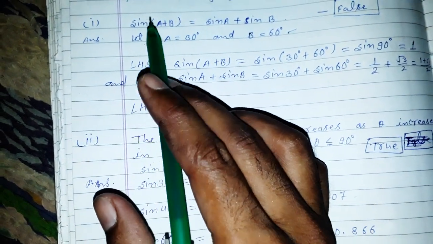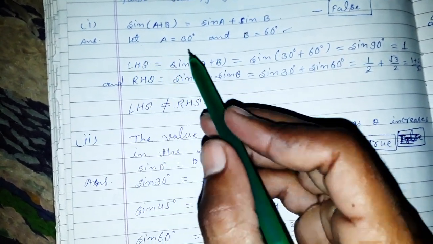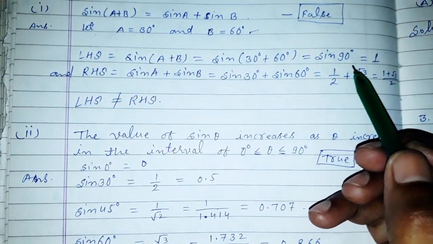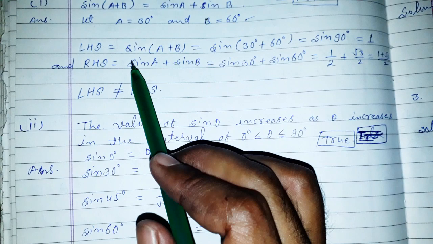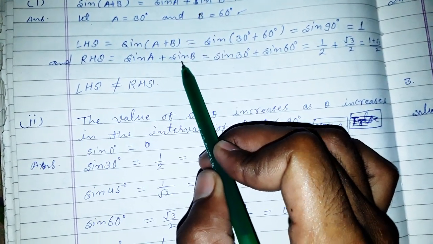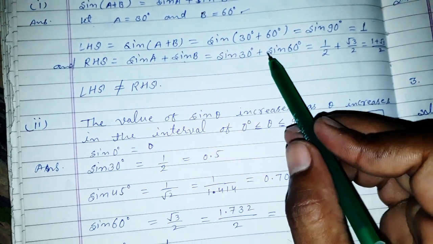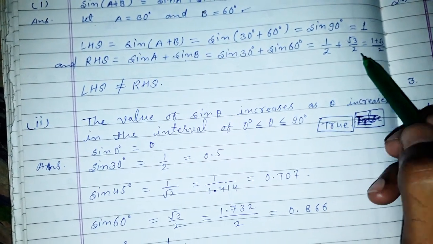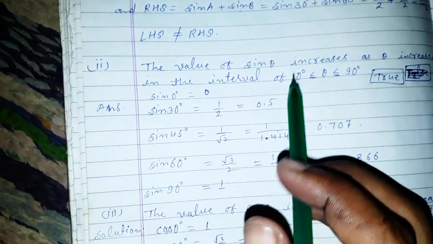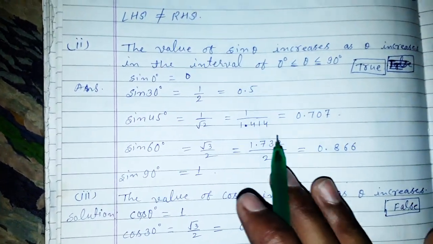So solve the LHS: 60 plus 30 is 90, sin 90 is 1. RHS: sin 30 plus sin 60, sin 30 is 1 upon 2 and sin 60 is root 3 upon 2, LCM is 4, 1 plus root 3. So both are not equal, so this statement is false.